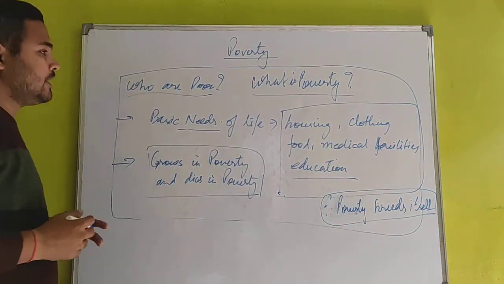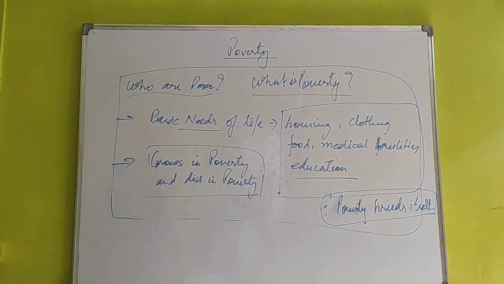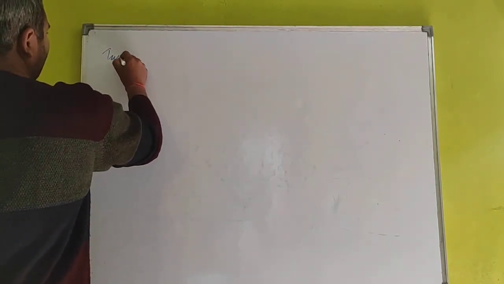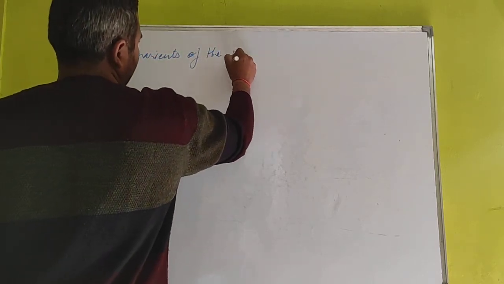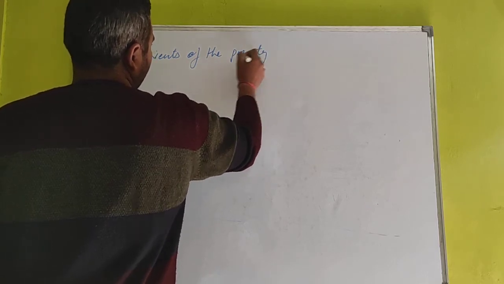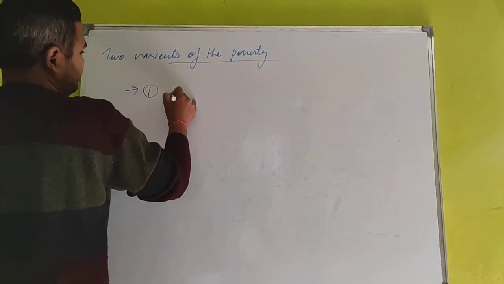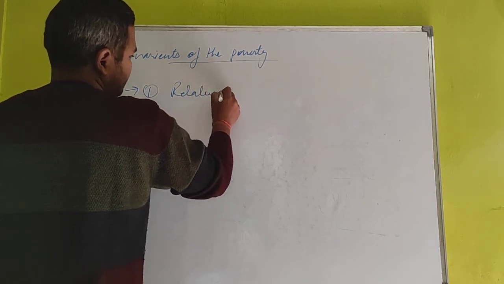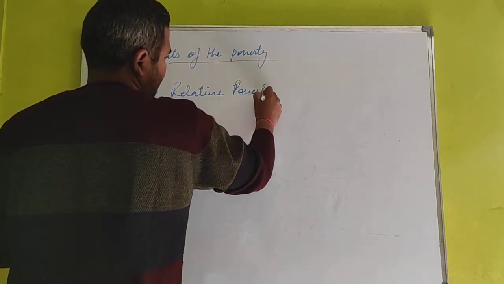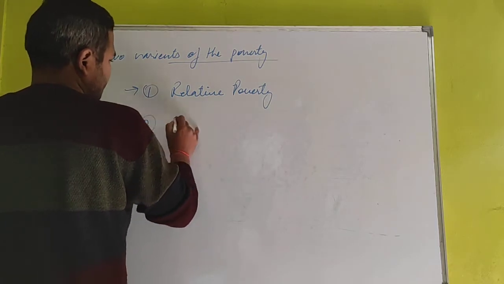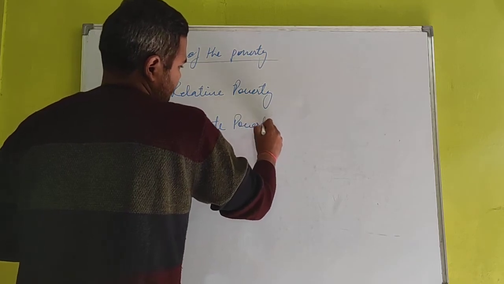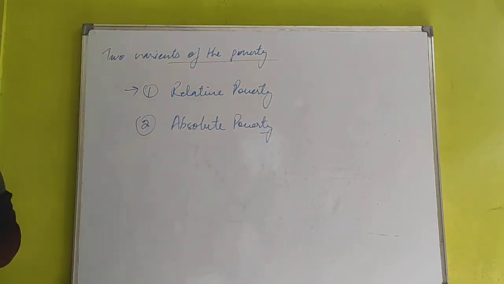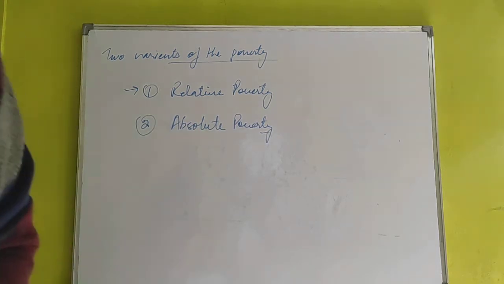Now, how many types of poverty are there? So we can say there are two types of poverty.